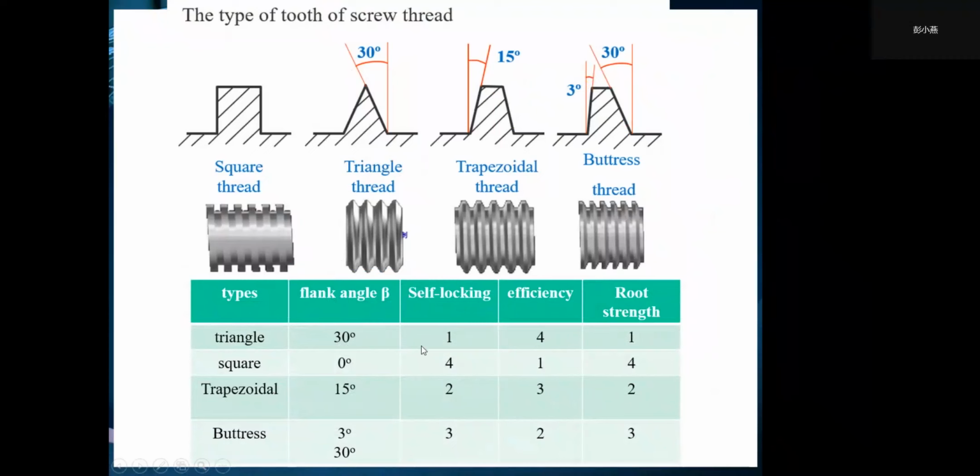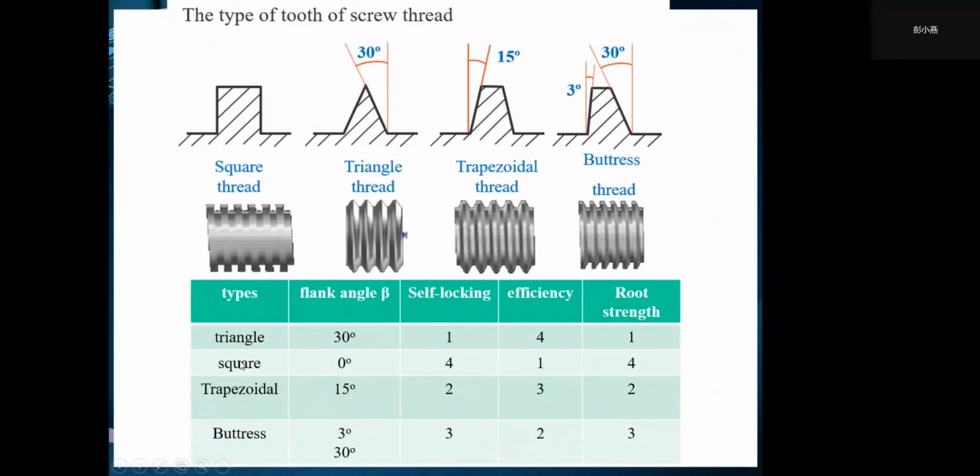And this is the performance comparison of the four threads. Triangle thread has good self-locking and root strength. It is a joint screw thread because its efficiency is worst.